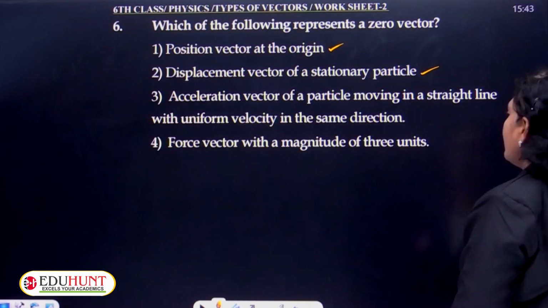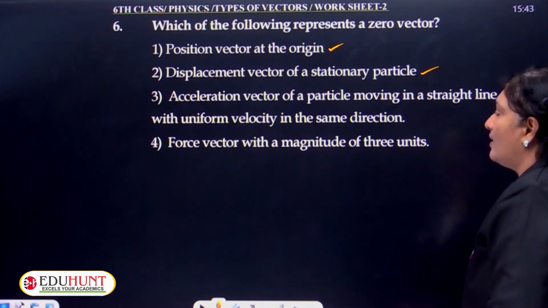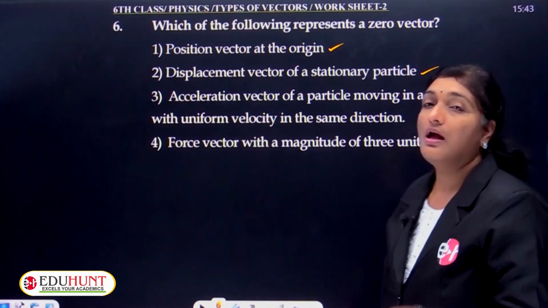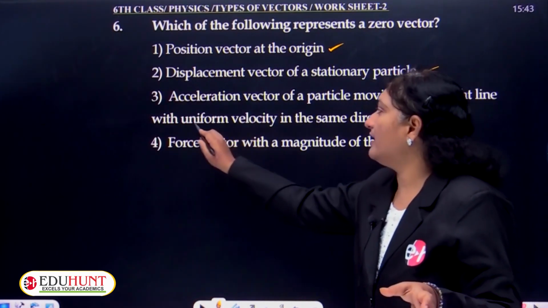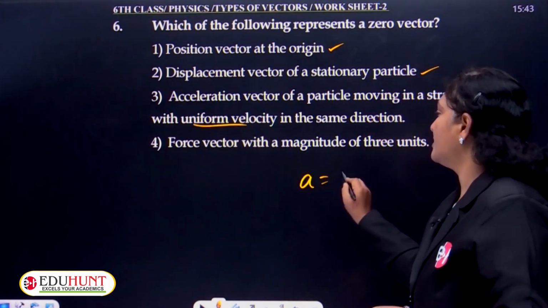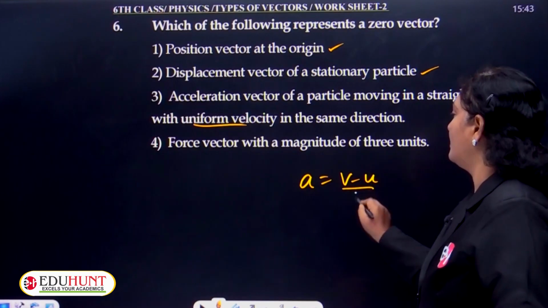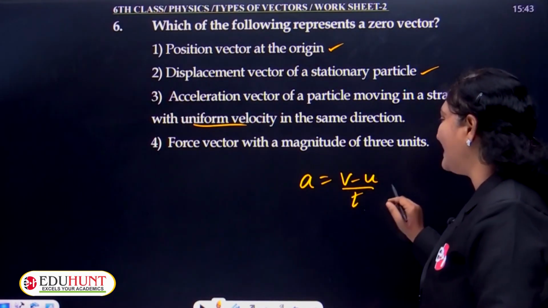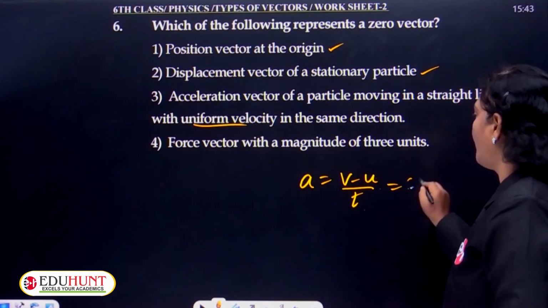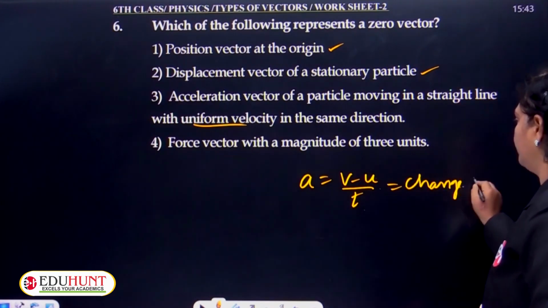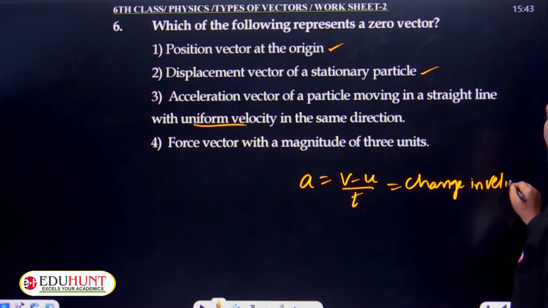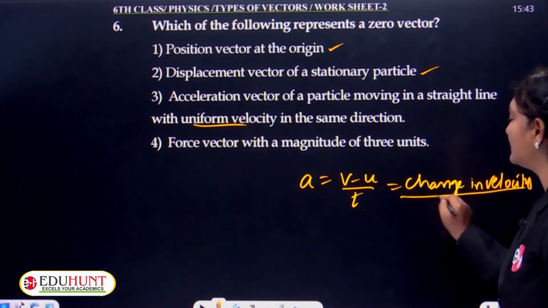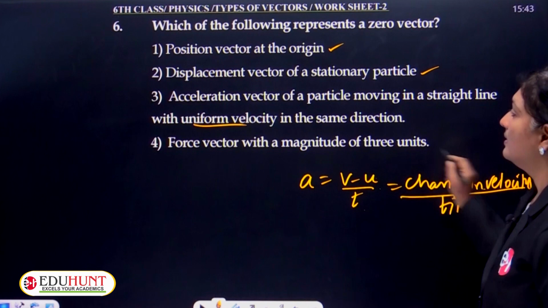Acceleration of a particle moving in a straight line with uniform velocity in the same direction. If velocity is uniform, the formula for acceleration is change in velocity upon time. But what they have told you is that the velocity is uniform.